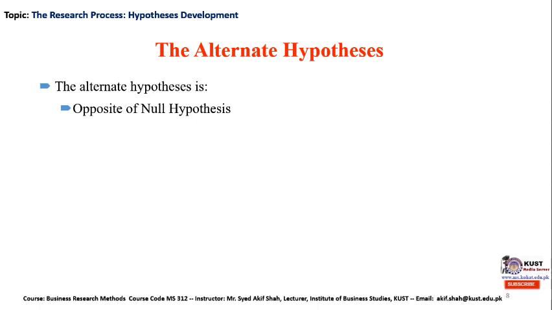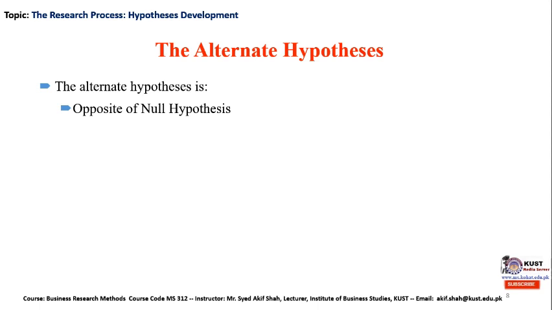Now, after discussing the null hypothesis, which is a testable statement, what is an alternative hypothesis? Basically, there are two hypotheses. One is known as the null, another one is known as the alternate hypothesis. The researcher's prime focus is to reject the null hypothesis, that testable statement.